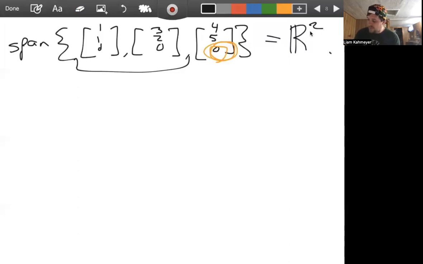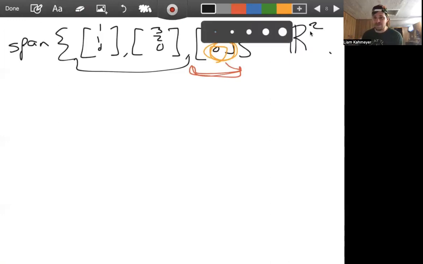And so there's this notion here of one of these vectors being kind of useless, right? We added this vector to the collection of vectors, and we want to determine the spanning set, but it didn't change the span at all. This is a notion of linear dependence.